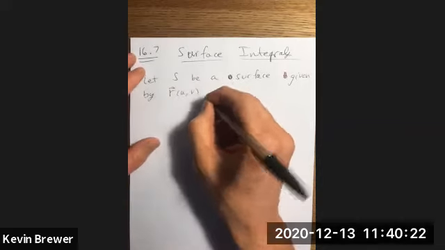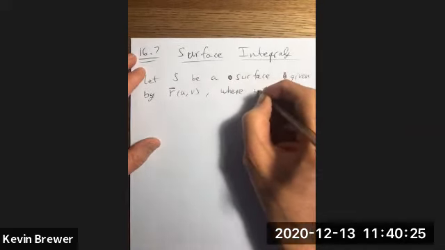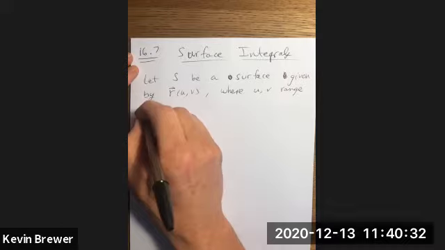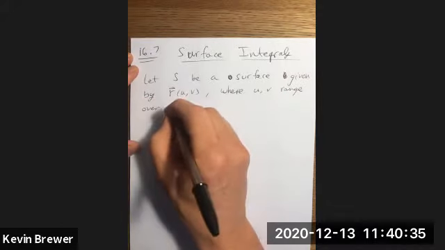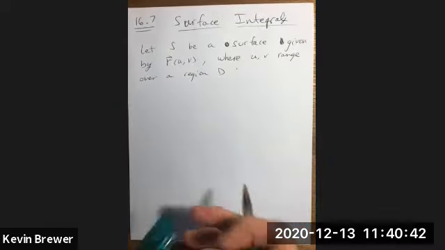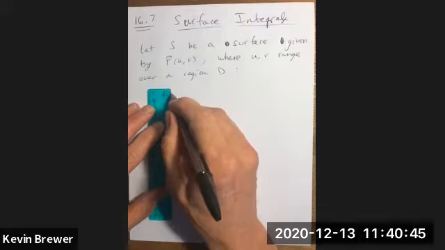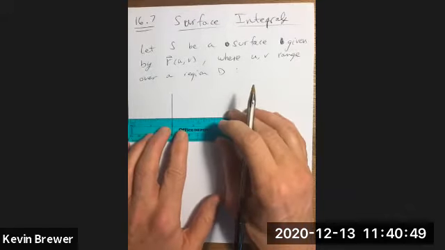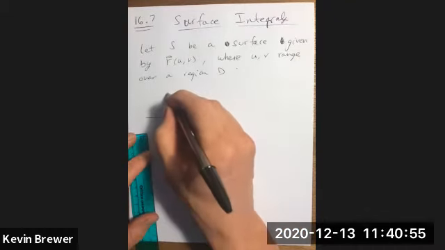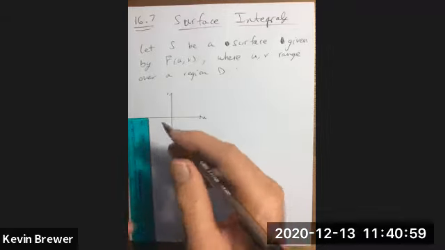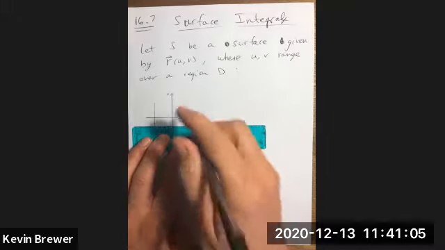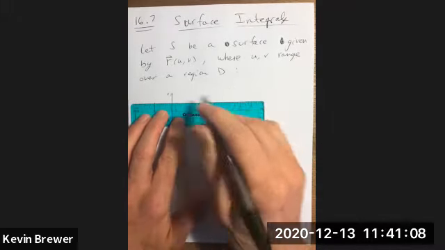vector function R of u, v, where u and v range over a region D. So over here in the UV system, I might go ahead and draw it as a rectangle, but it won't necessarily always be a rectangle, but close enough.